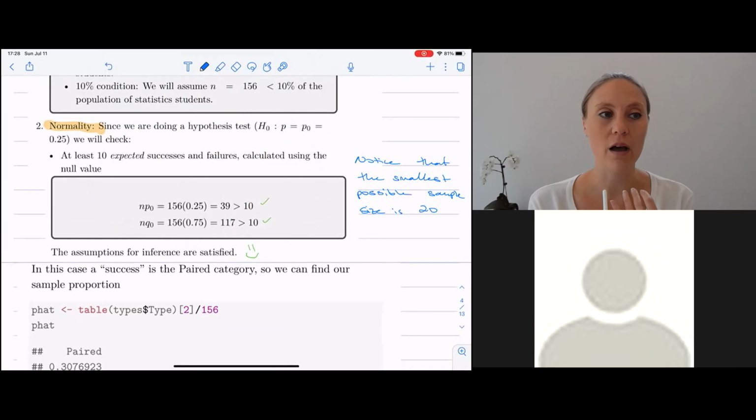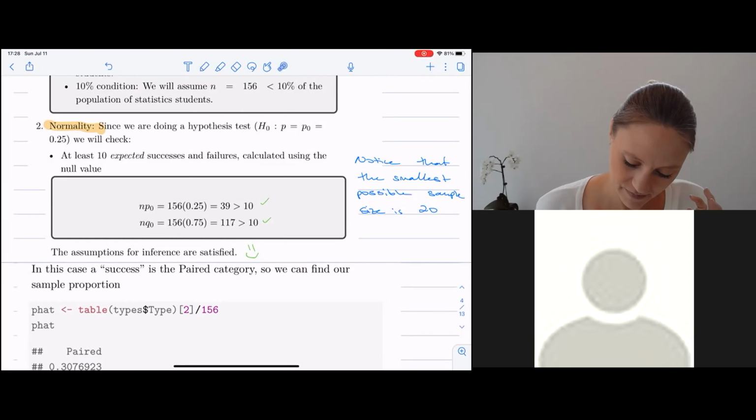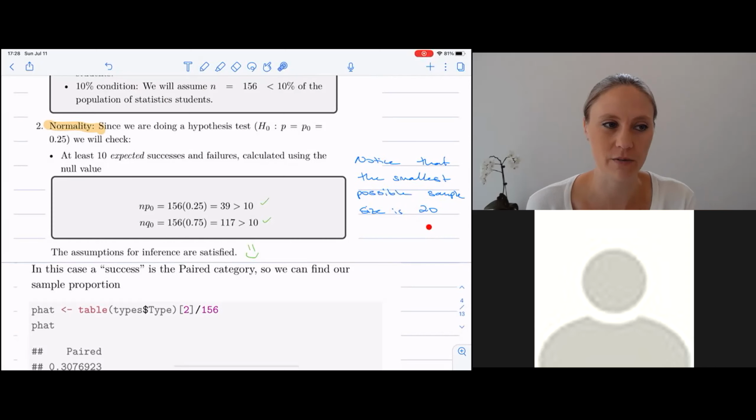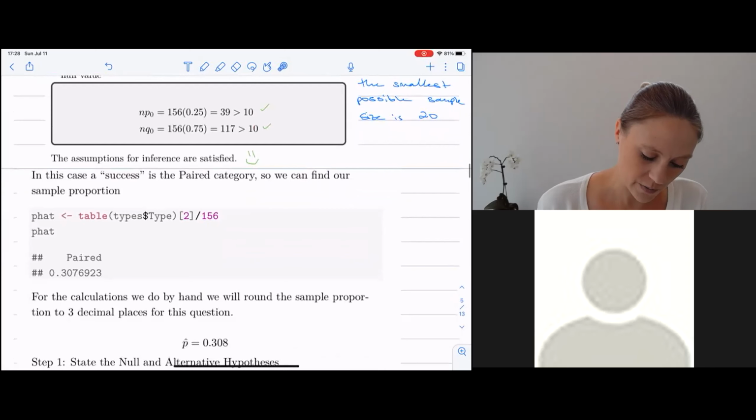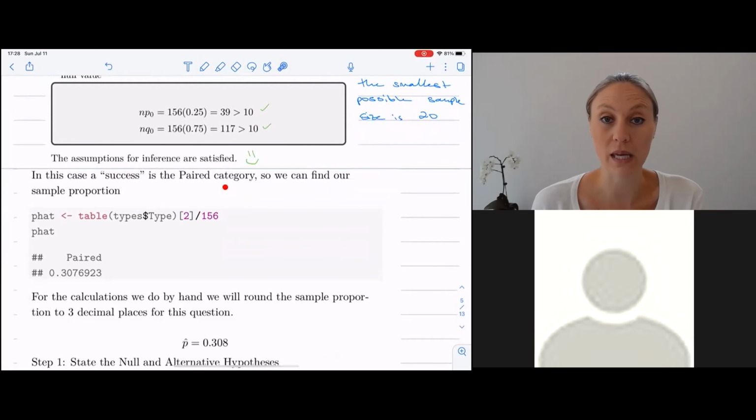But you might need a larger sample to see those 10 successes and 10 failures, depending on what the proportion is. I just wanted to mention that's something that falls out of here. So in this case, a success is picking the paired type question.